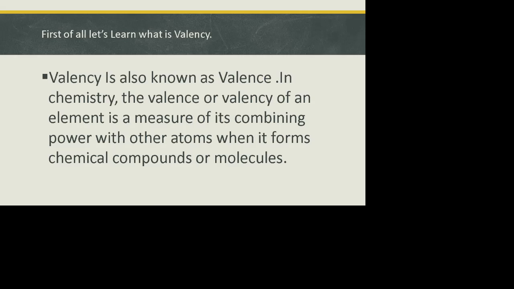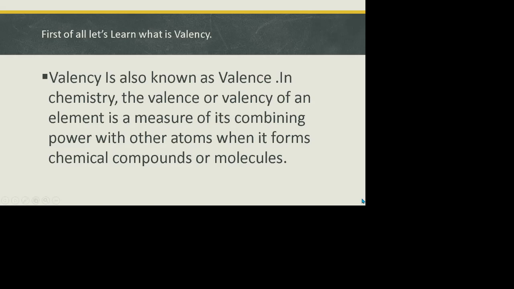So I am taking the example of the first element, hydrogen. We know its atomic number is 1, and in the first K shell there should be 2 electrons, but the atomic number of hydrogen is 1, so only 1 is filled there.